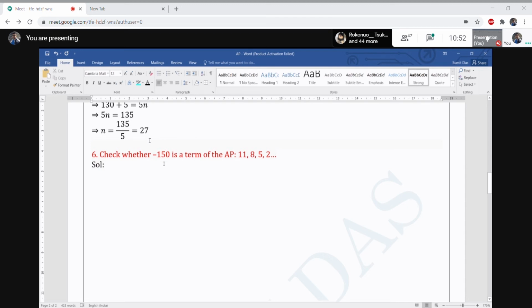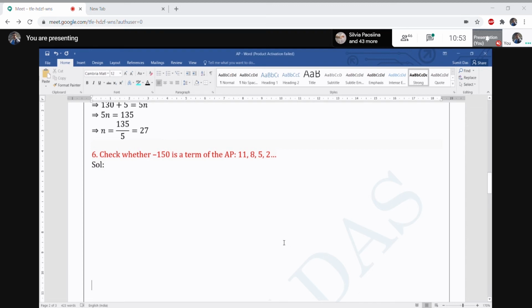Basically we consider this as a n and try to find the value of n. If we get a value of n, then we will say it is a term. If we do not get any value, then it is not a term.